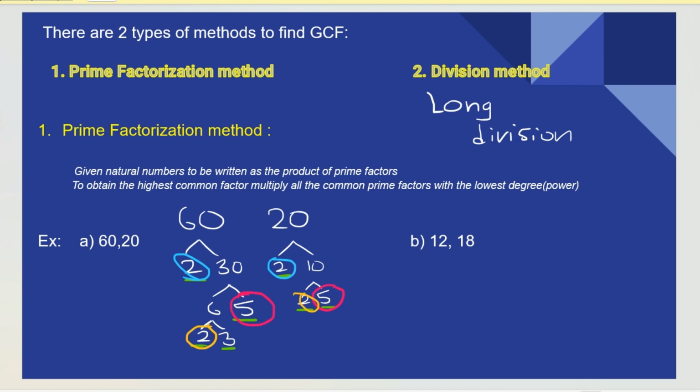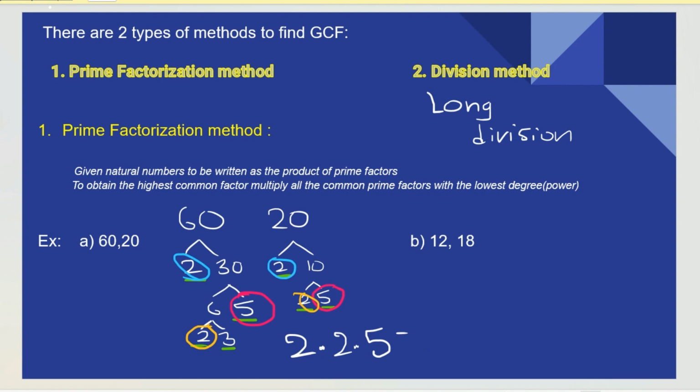So let's look at the blue pair of 2. That results in 1, 2. Now the yellow pair of 2 results in 1, 2. Then the pink pair of 5 results in 1, 5. And that's it. For LCM, we would include 3, but now it's not LCM, it's GCF, so we wouldn't.